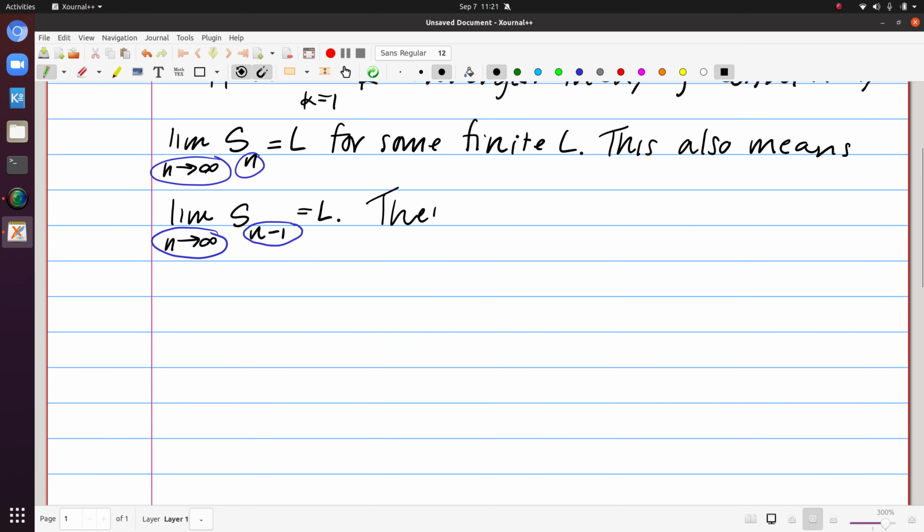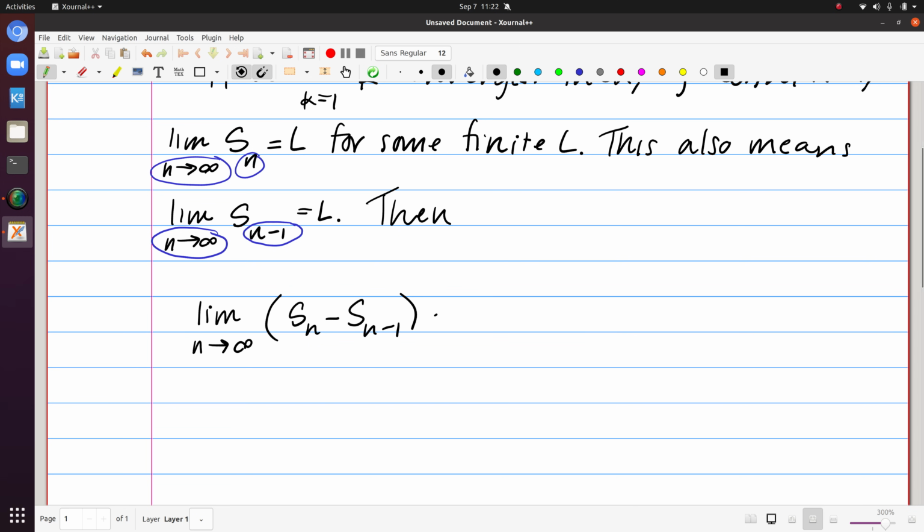Right here, if I want to now consider the limit as n approaches infinity of the nth partial sum minus the n minus first partial sum.